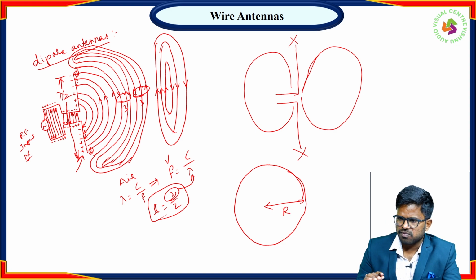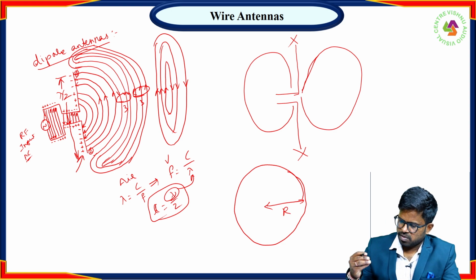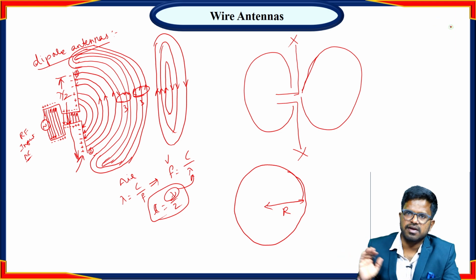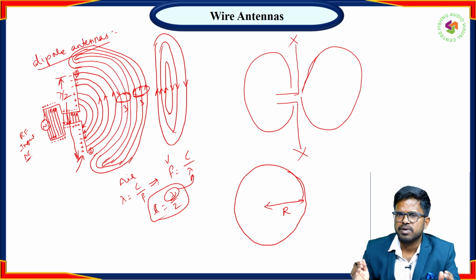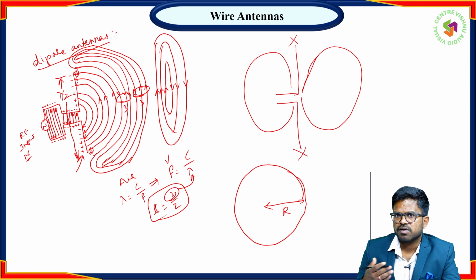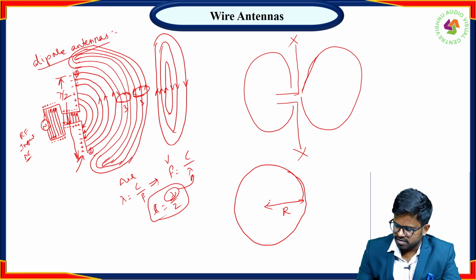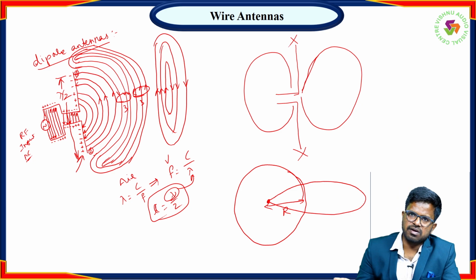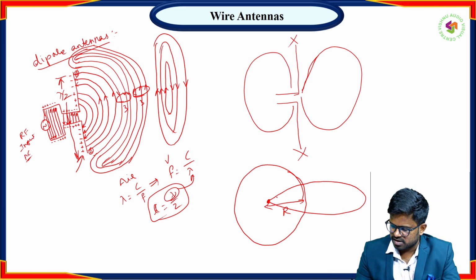Now if you want to transmit the signal to longer distances, you have to improve the gain of the antenna and limit the radiation of the antenna to one particular direction. Then it can transmit the signal to longer distances like this. If you focus in one particular direction, they can radiate with large, high gain and can transmit to longer distances also.